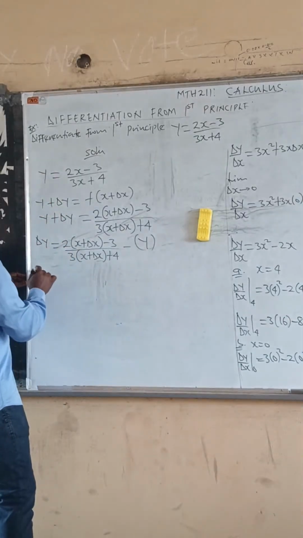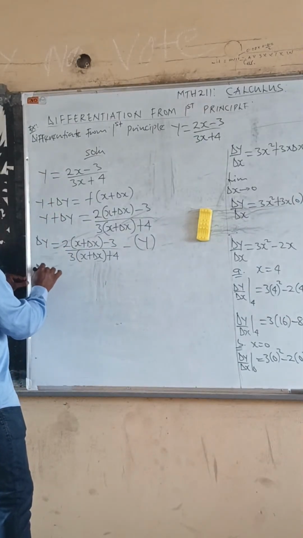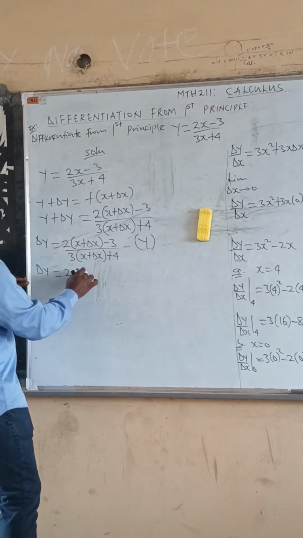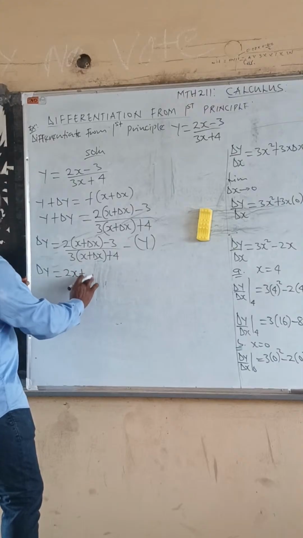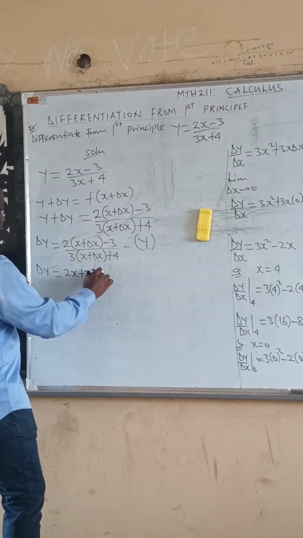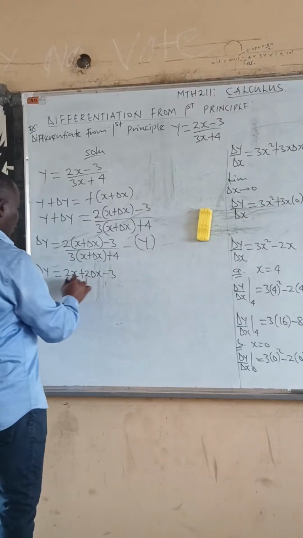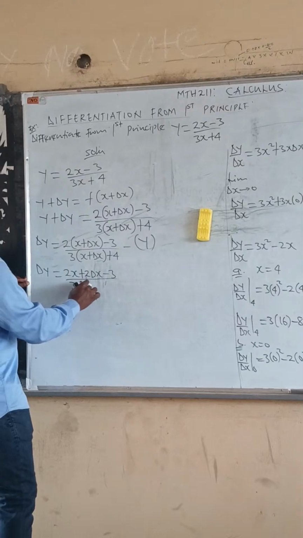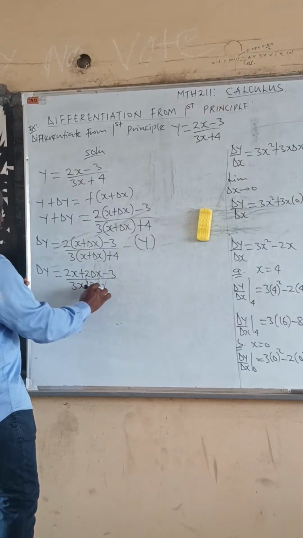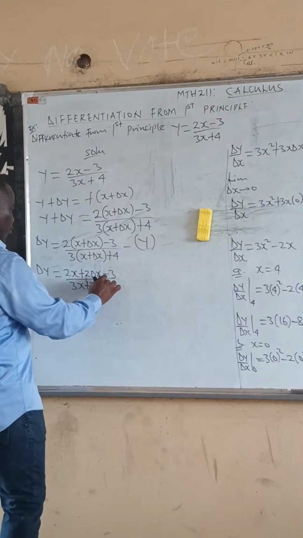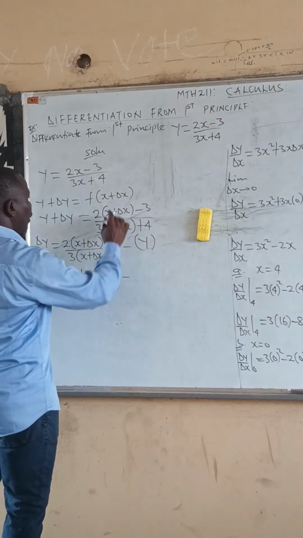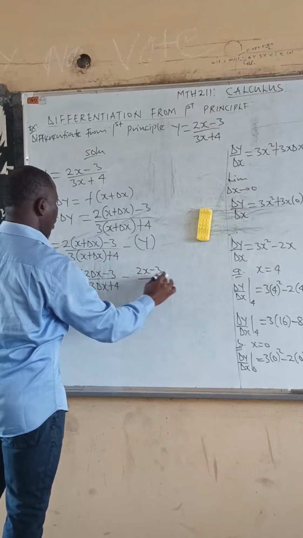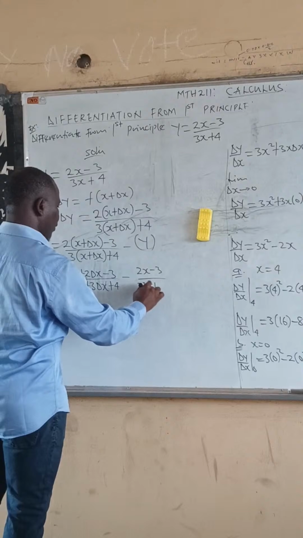So here we are going to have our dy is equals to, let's open this bracket, 2x plus 2dx minus 3 all over, open this bracket, 3x plus 3dx plus 4 minus 2x minus 3 all over 3x plus 4.